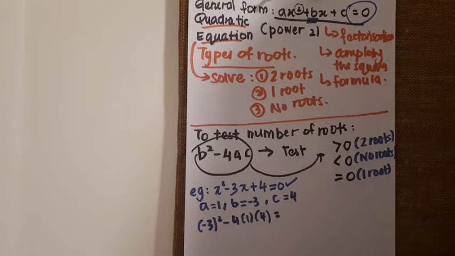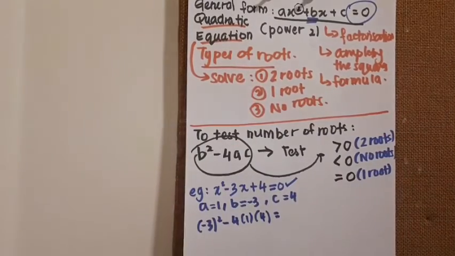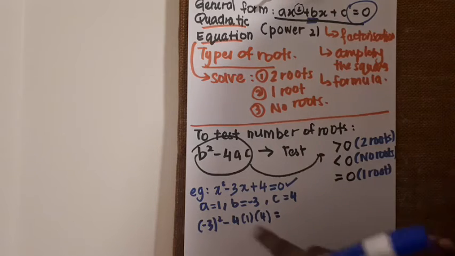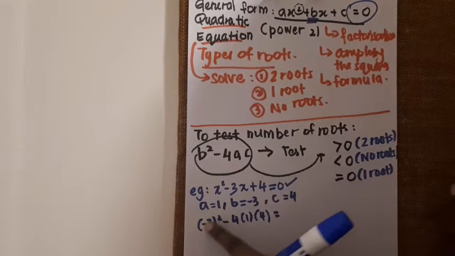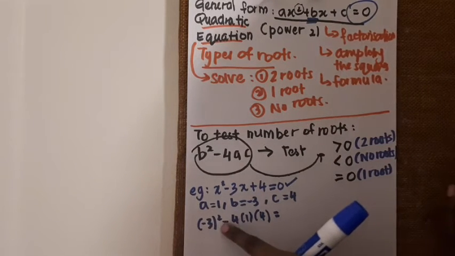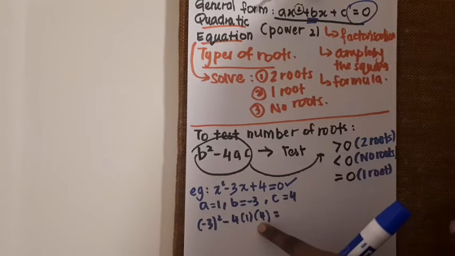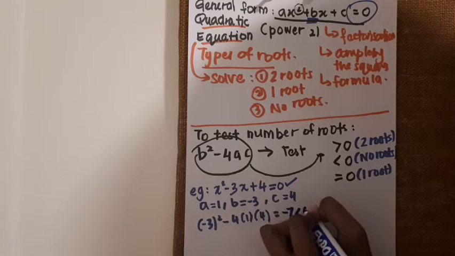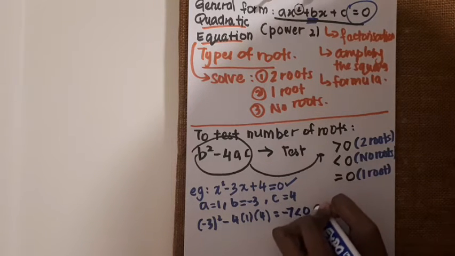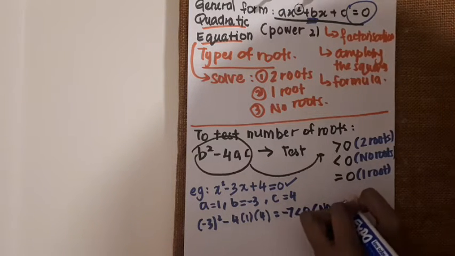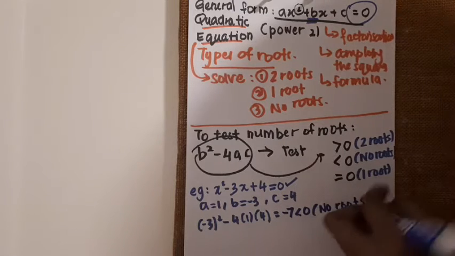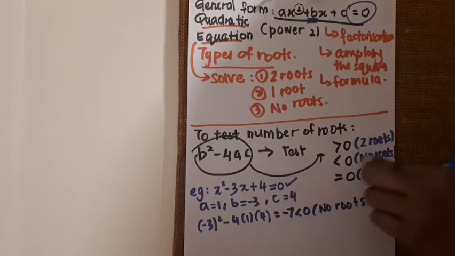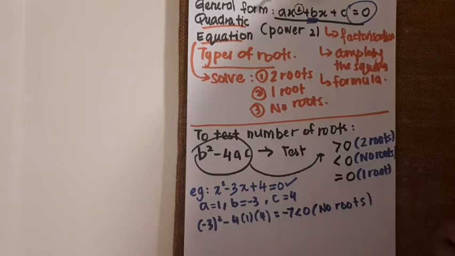If you don't like the manual counting, you can always use your calculator. Negative 3 squared is 9, and 9 minus 16 gives you negative 7, which is less than 0. So it's going to be no roots, because we have seen that if it's less than 0, we get no roots.